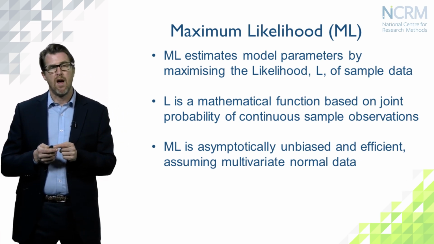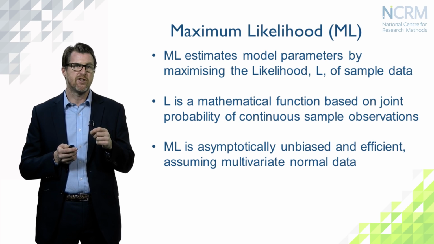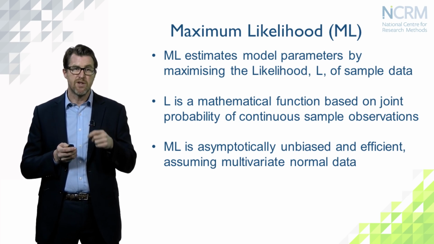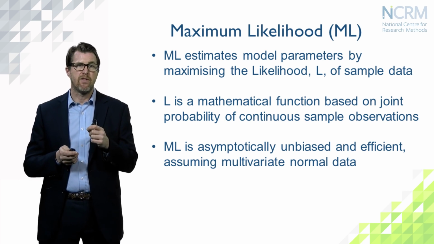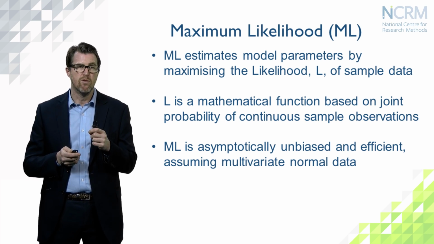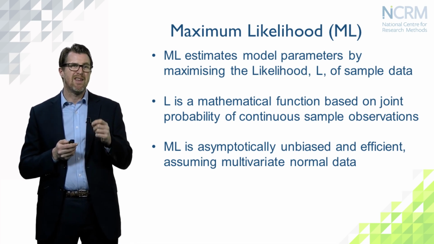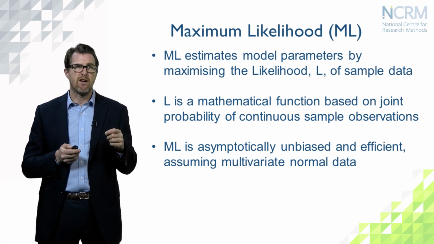They're efficient in the sense that no other way of doing this will give us more precise estimates of those parameters. Now those two properties of being unbiased and efficient do themselves hinge on some other assumptions. One important one is that the data come from a multivariate normal distribution. Essentially, that requires us to be using continuous variables.